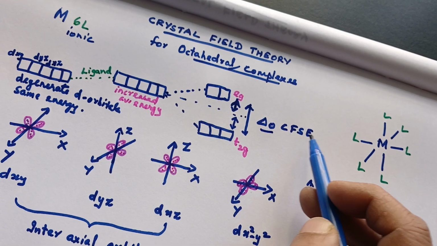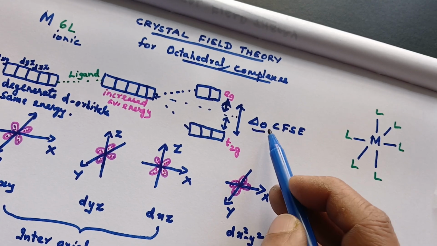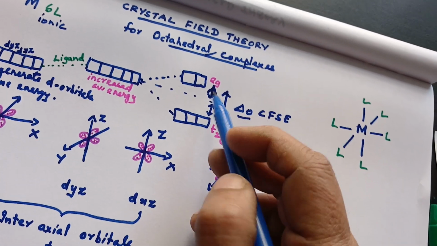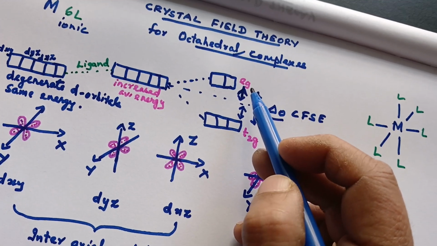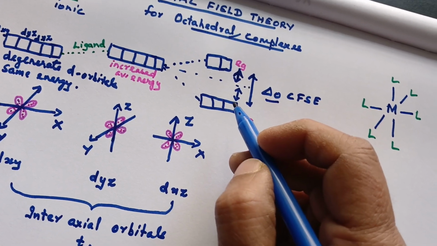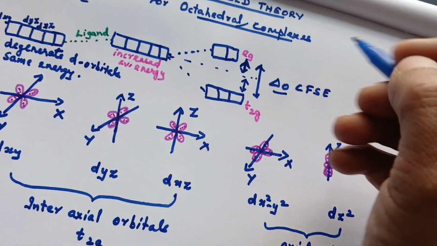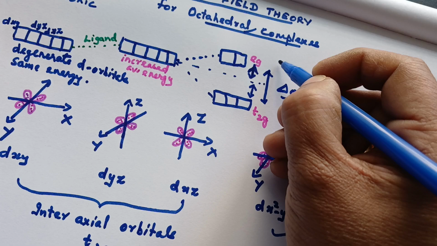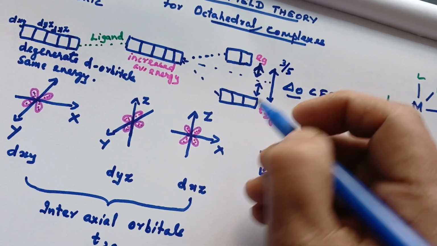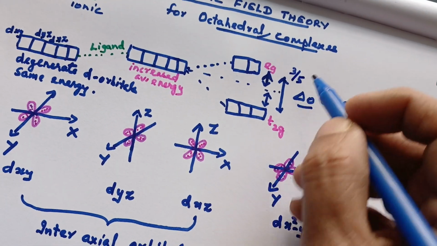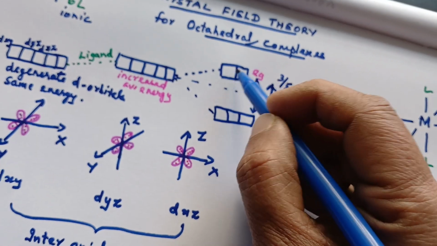So CFSE, the crystal field splitting energy, is delta O. Now there is an increased energy in the case of Eg. We believe that each orbital is having an increase of 3 by 5. Out of the 5 orbitals, 3 are having lower energy. So 3 by 5 is attributed to each orbital.